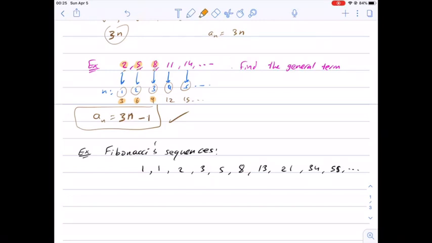We start this sequence with 1 and 1, and from that point on you keep adding up the last two numbers.